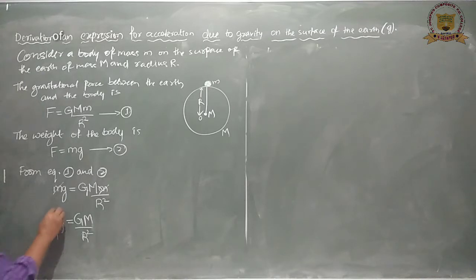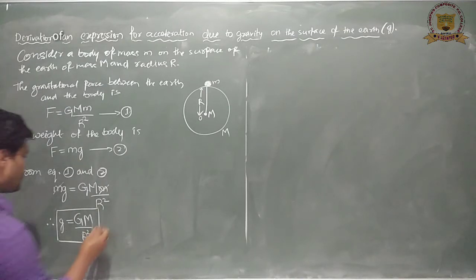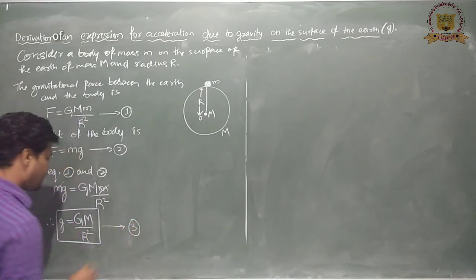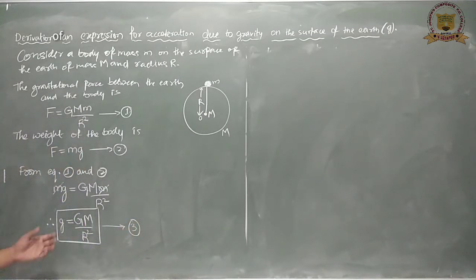So this expression is the acceleration due to gravity of the body on the surface of the earth. When you observe this equation carefully, it is very clear that this g is independent of the mass of the body, because there is no term small m here, and g only depends on the mass of the earth and the radius of the earth.